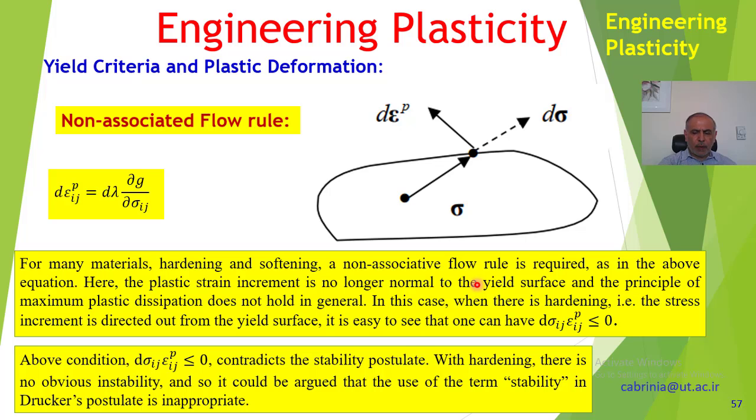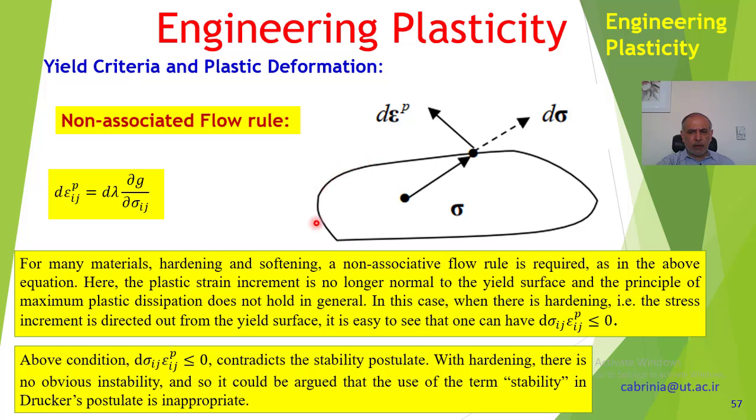Now, so far we have talked about associated flow rule. Associated flow rule means that the epsilon p is perpendicular to this yield surface. But we have non-associated flow rules for many materials which fit to this rule, and it's shown by this. The epsilon ijp is equal to d lambda partial g to partial sigma ij. Note that this g is different from f.